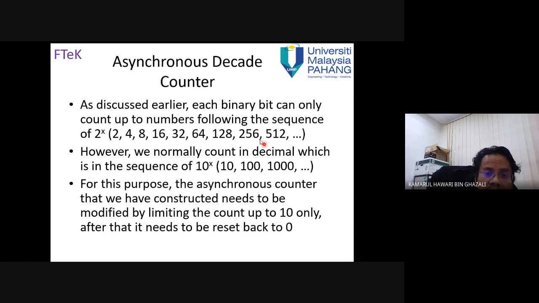However, we normally count in decimal, which is in the sequence of 10 power of x. For this purpose, the synchronous counter that we have constructed needs to be modified by limiting the count up to 10 only. After that, it needs to be reset back to 0. Kan?